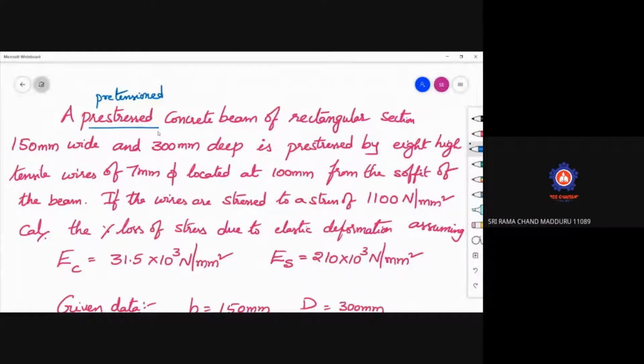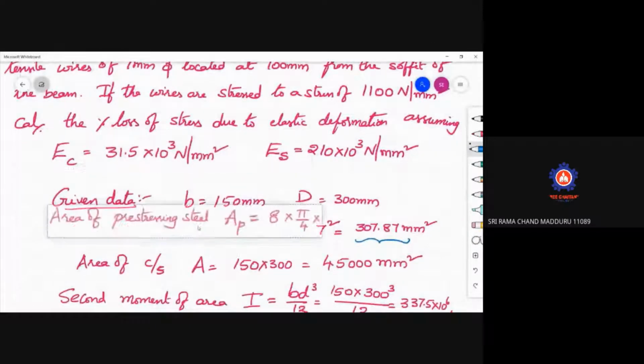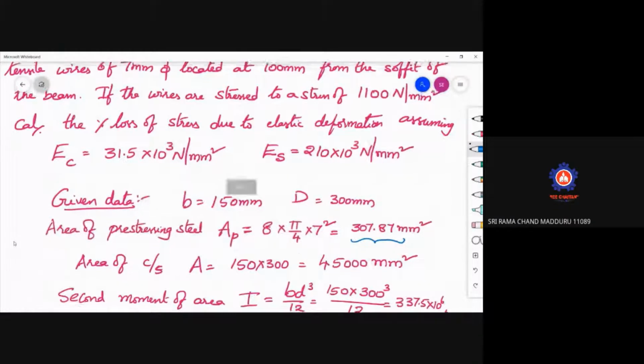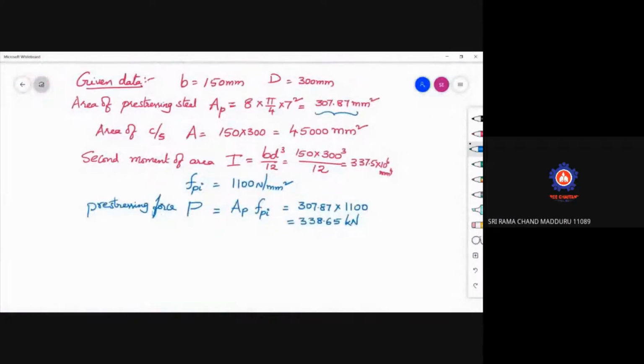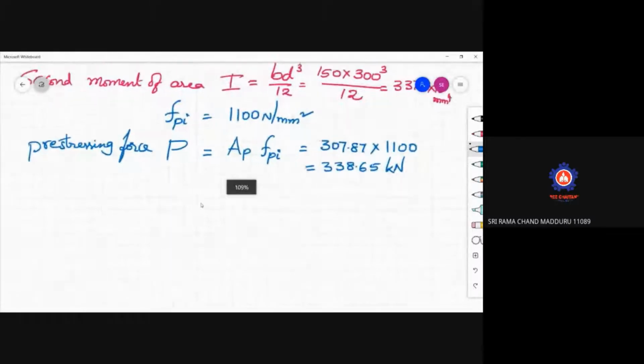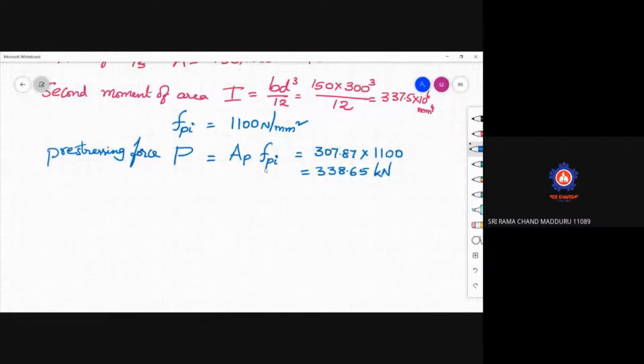So when all the wires are stretched at a time or one by one, I am not having any problem with that. So when we are not having any problem, we'll move further. So pre-stressing force P is equal to AP into FPI.